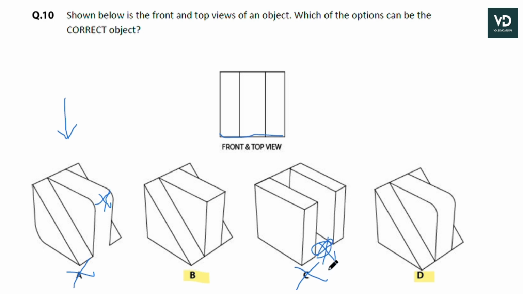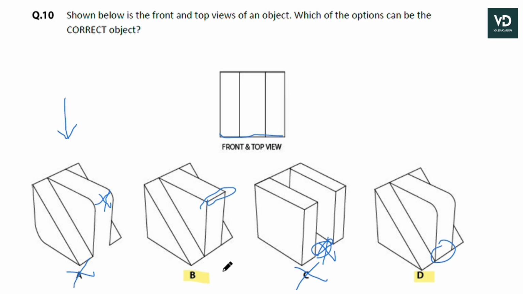Okay, this will be the incorrect option, and the correct option will be B, because there is an edge here that can be visible from the top view, and there will be an edge here that can also be visible from the top view. For surety, they have provided the top view and front view also.